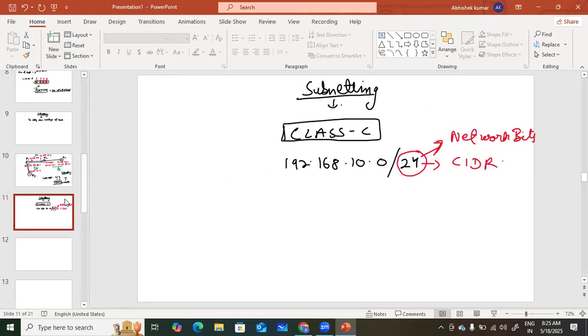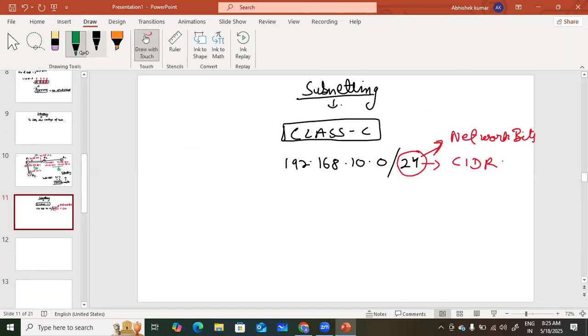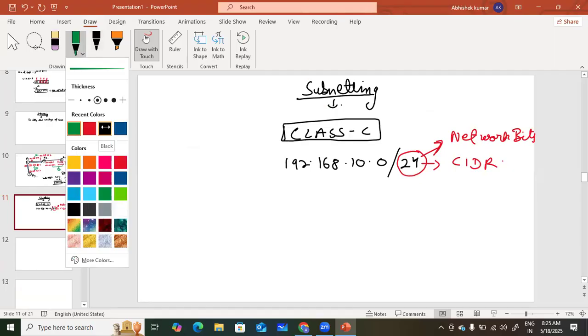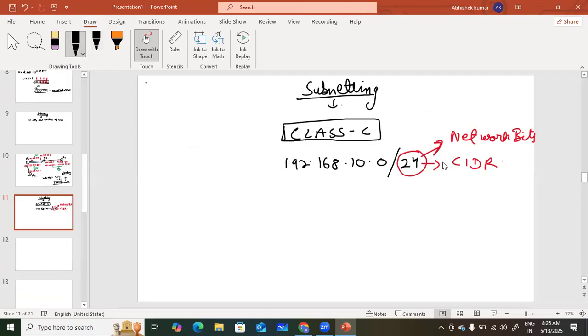Now we have to find out the number of networks and the number of hosts. By default, the slash notation network bits is 24. Let's suppose my manager asked me to perform subnetting for network bits 26 like this.